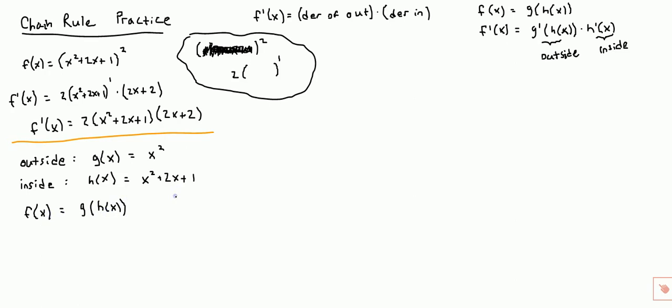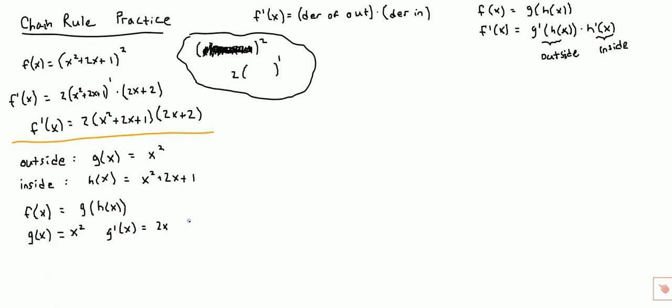Okay, so we can write f of x like this. That means that the derivative looks like this. Okay, so we need g prime of h of x. Well, if g of x equals x squared, that means that g prime of x is 2x.